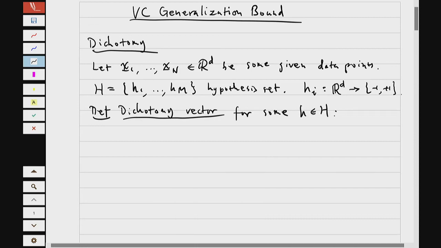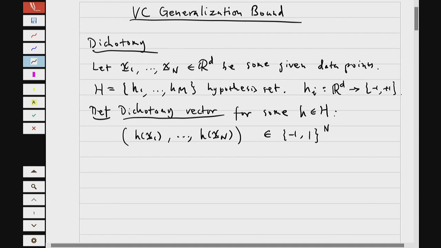We define it simply as h of x1, up to h of xn. There are n data points, and for each one the hypothesis gives you either -1 or 1. So we have a binary vector. We just use -1 and 1 to represent binary instead of 0 and 1, for convenience. So this is basically a length-n vector of -1s and 1s, in {-1,1} to the n.